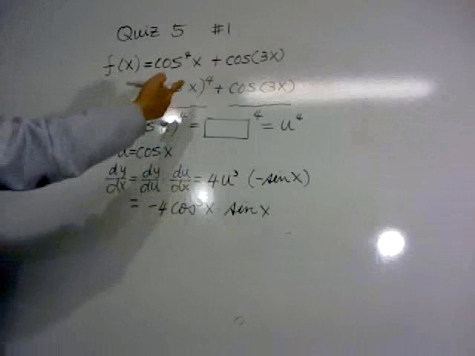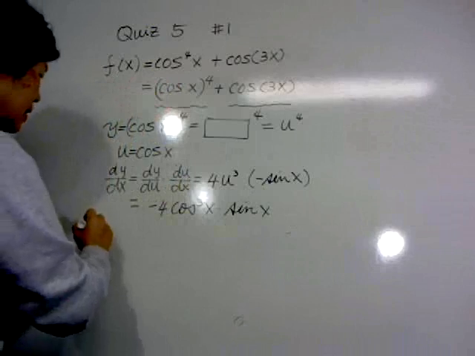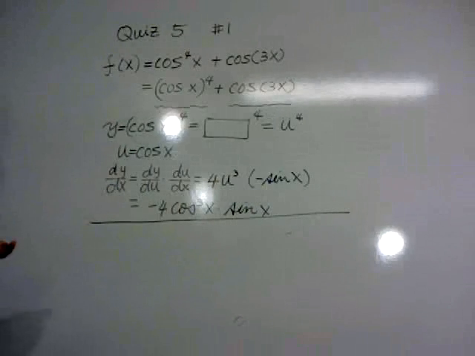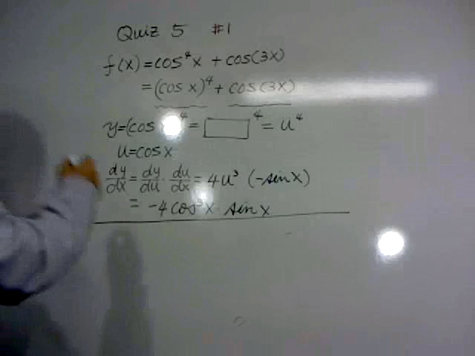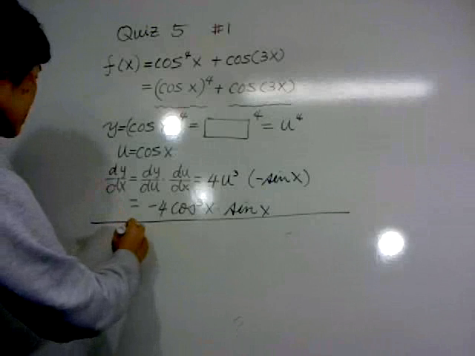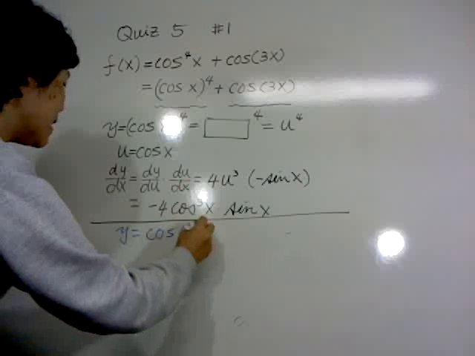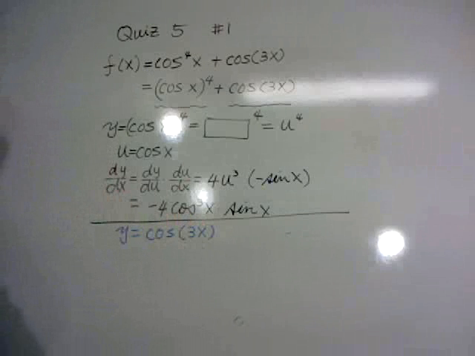And what's next over here is a different story, because that is a lot simpler, which is y equals cosine 3x. In this case, what is the main function, outer function, and then what is the inner function?